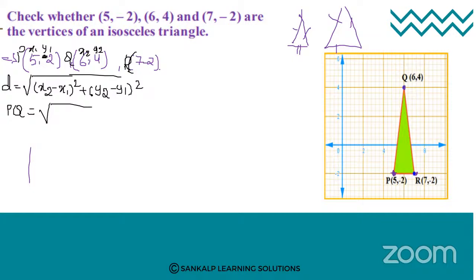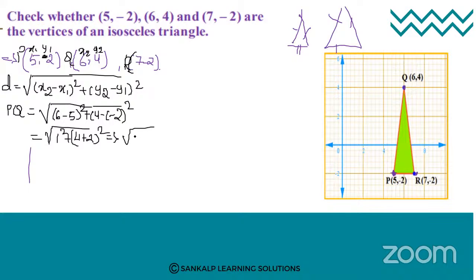So now x2 value is 6: square root of (6 minus 5) whole square plus (4 minus of -2) whole square. 6 minus 5 is 1 square plus (4 plus 2) whole square. That is square root of 1 square is 1, 4 plus 2 is 6 square. So 1 plus 36, that is root 37. This is the value of PQ.